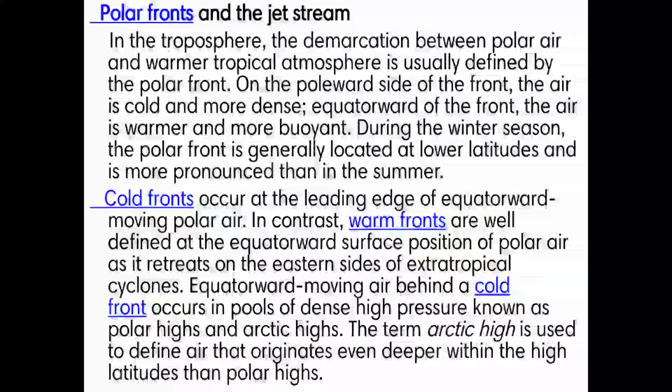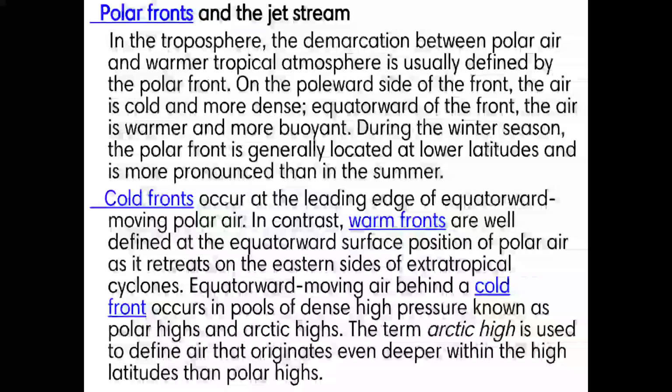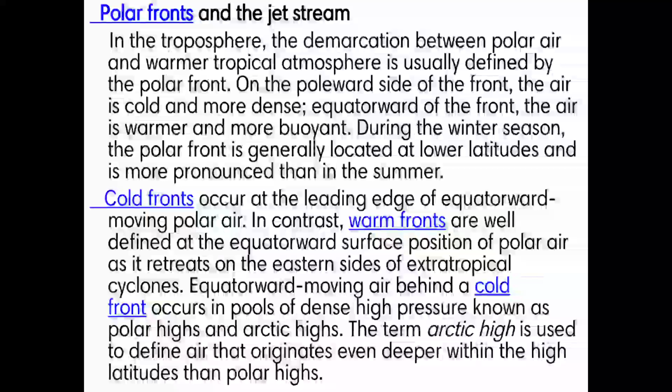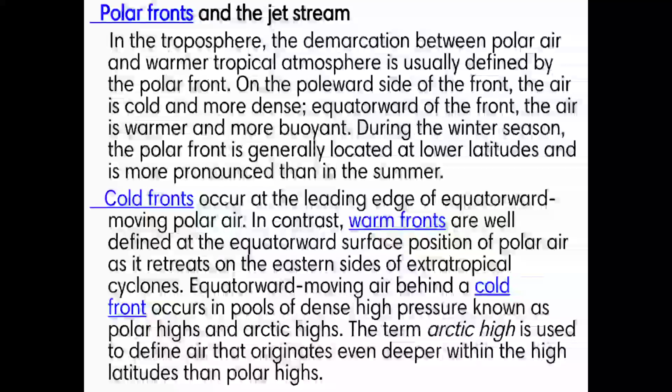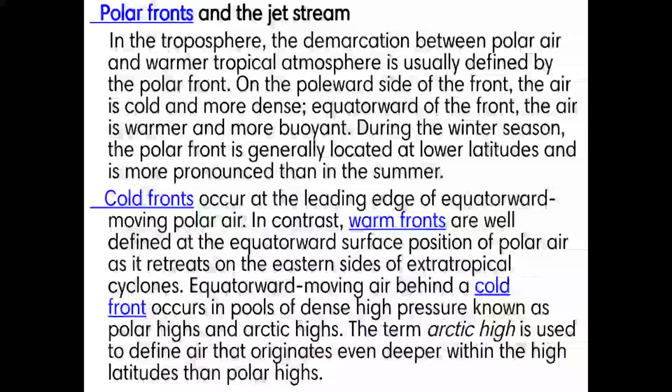Cold fronts occur at the leading edge of equatorward moving polar air. In contrast, warm fronts are well defined at the equatorward surface position of polar air as it retreats on the eastern side of an extratropical cyclone.